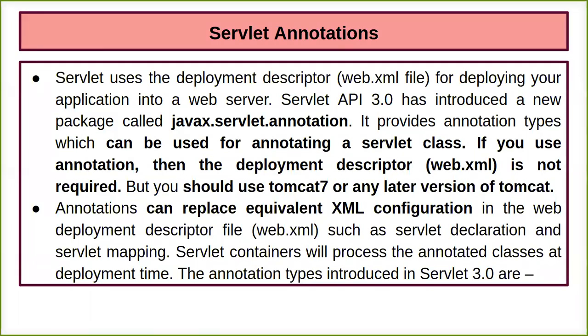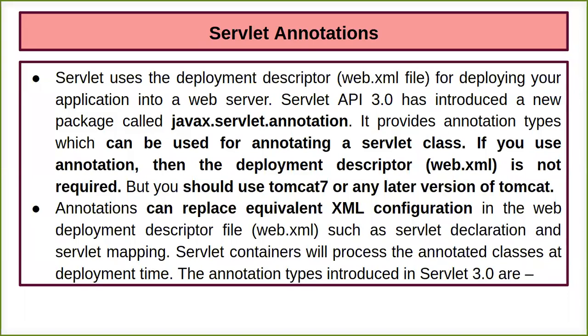Now why do we need annotations, and what are they? Annotations are used for declaring the servlet class. The web.xml file keeps all the tracking records: where a file is redirected, where one file is mapped or remapped to another. All these mappings get stored in the xml file.